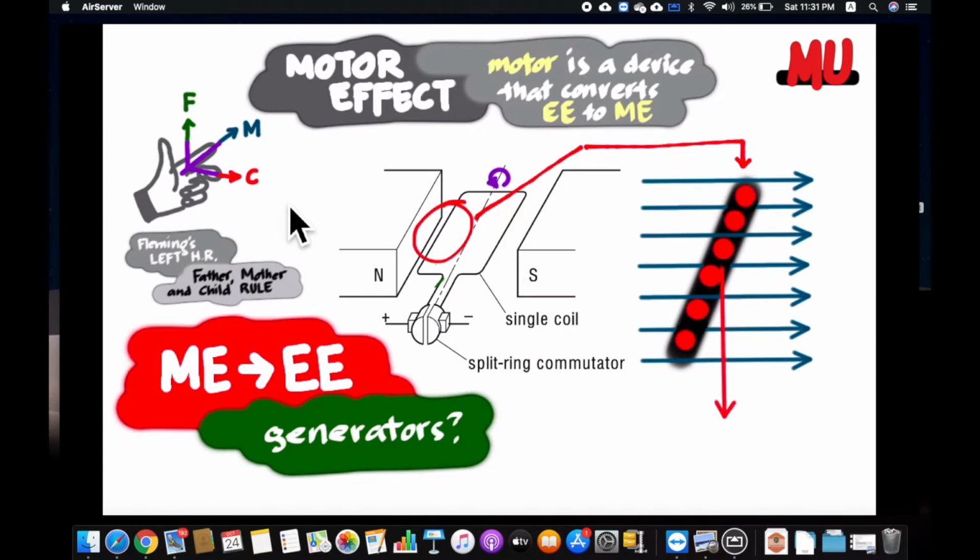If we point our third finger downward and the second finger in the direction of the magnetic field, which is to the right, then these charges will be acted on by a force, whose direction we determine using our thumb. This charged particle will be pushed this way, this same direction, and the other one too. And all these particles in this part of the wire will be pushed like that.